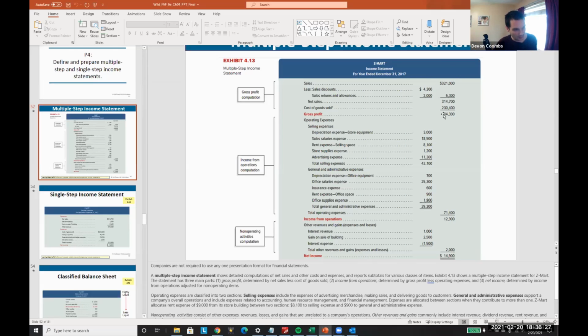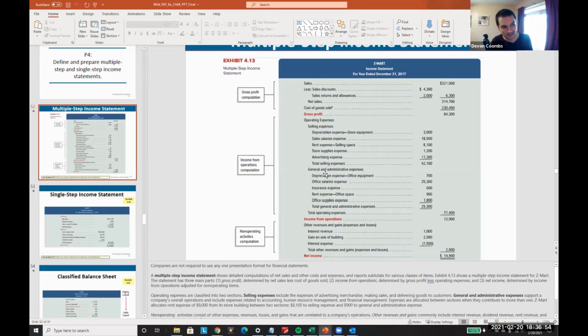Our gross profit minus our operating expenses is our income from operation. What are examples of operating expenses? That's going to be our sales salary expense, our depreciation expense, our rent expense, store supplies expense, advertising expense, anything that we need to do to continue operating our business, but isn't directly attributable to what we're selling.